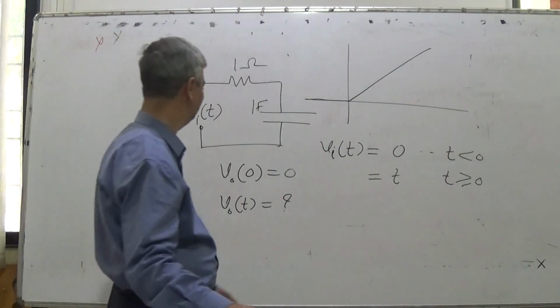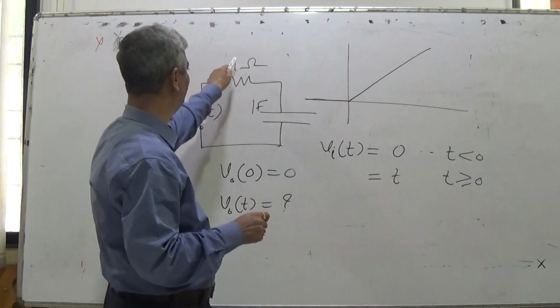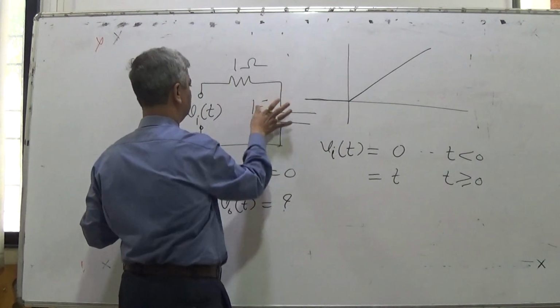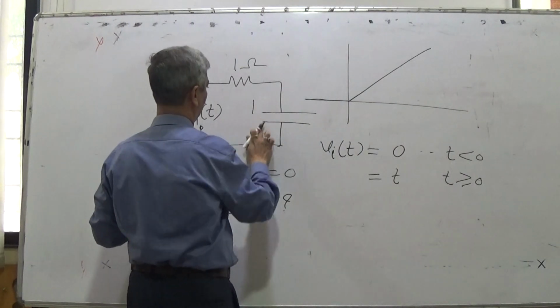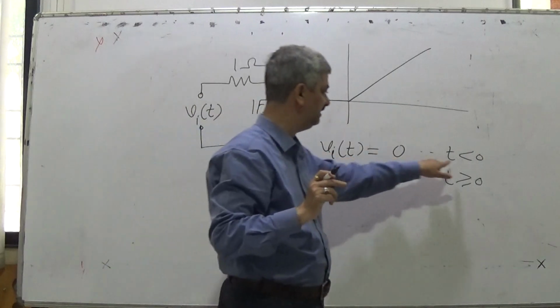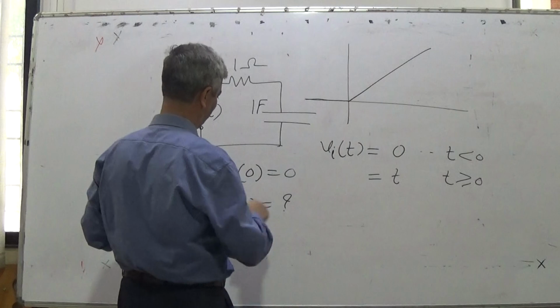And this is problem 1. So same 1 ohm 1 farad, VO(0) was 0, Vin(t) is 0 till t equal to 0, Vin(t) is t after t equal to 0. This if I apply.